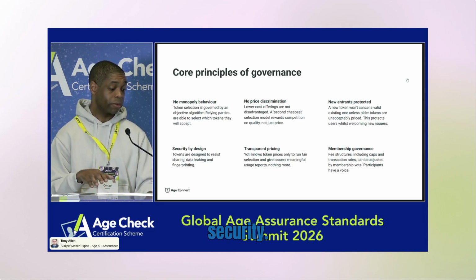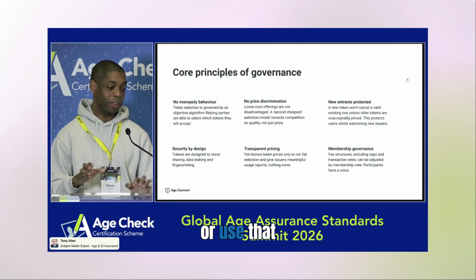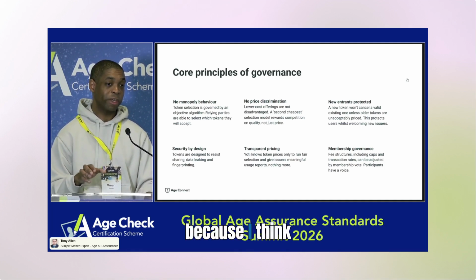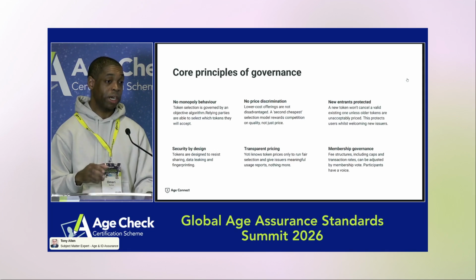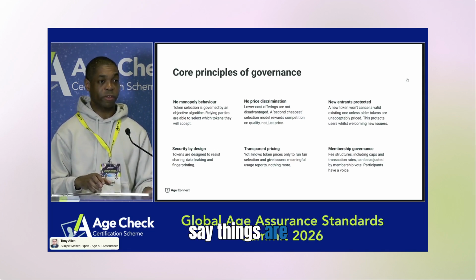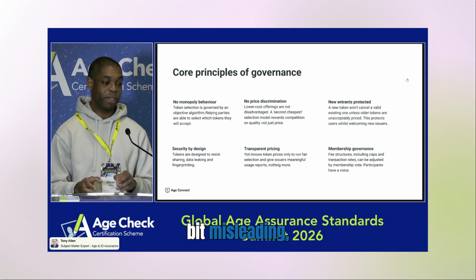And just down to the token security, they're built to resist, or I'll use that phrase very carefully because I think it's an underused term, they're built to be resistant to sharing and to tampering. I think a lot of times people say things are tamper-proof or share-proof, and that's a bit misleading because they're resistant to those.